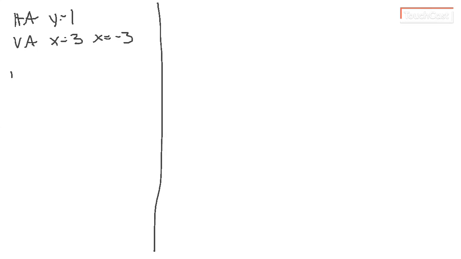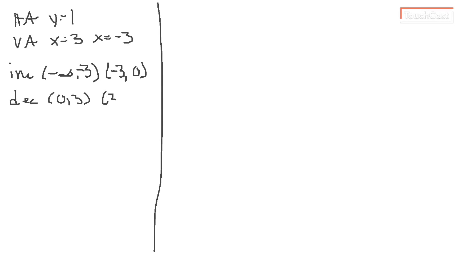We know that we are increasing from negative infinity to negative 3, and from negative 3 to 0, we are decreasing from 0 to 3, and from 3 to infinity.